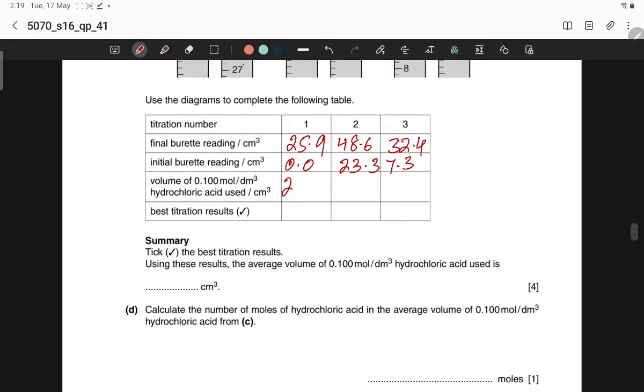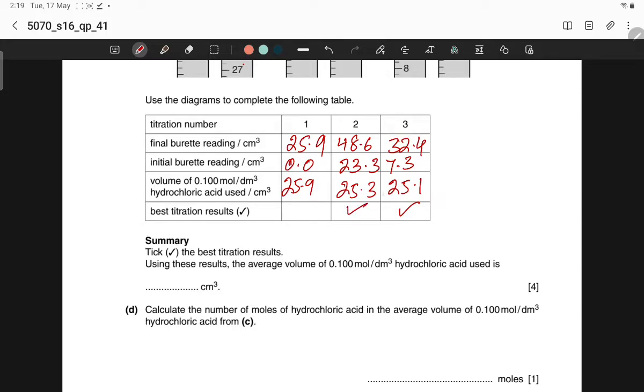By subtracting, we get 25.9, this is 25.3 and this is 25.1. So for the best titration, go with the two closest readings. 25.1 is the smallest and nearest to the smallest is 25.3.